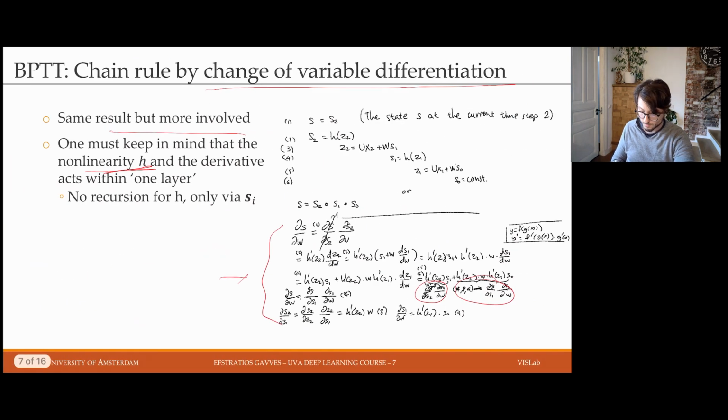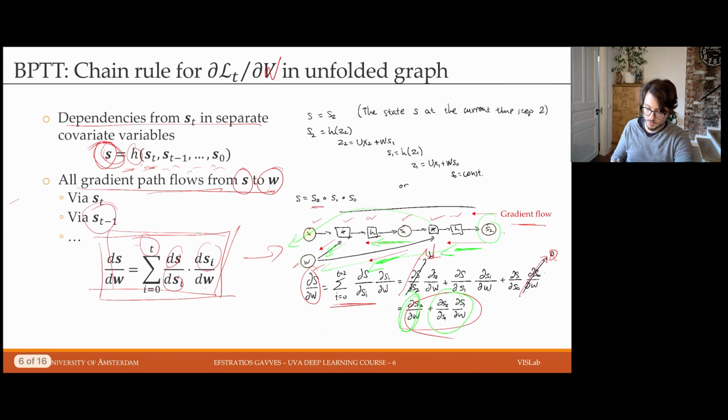One extra thing for this way of deriving the gradient: here I used the specific equations that govern the RNN, whereas in the example where I'm computing the gradient as a sum of individual internal variables, this is a general formulation. I haven't really used specific expressions for H or for what ST minus 1 stands for and so forth.